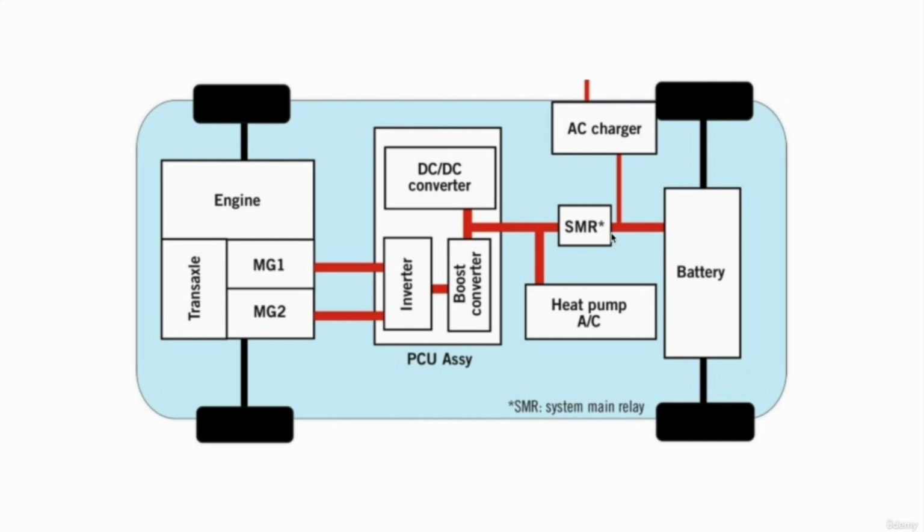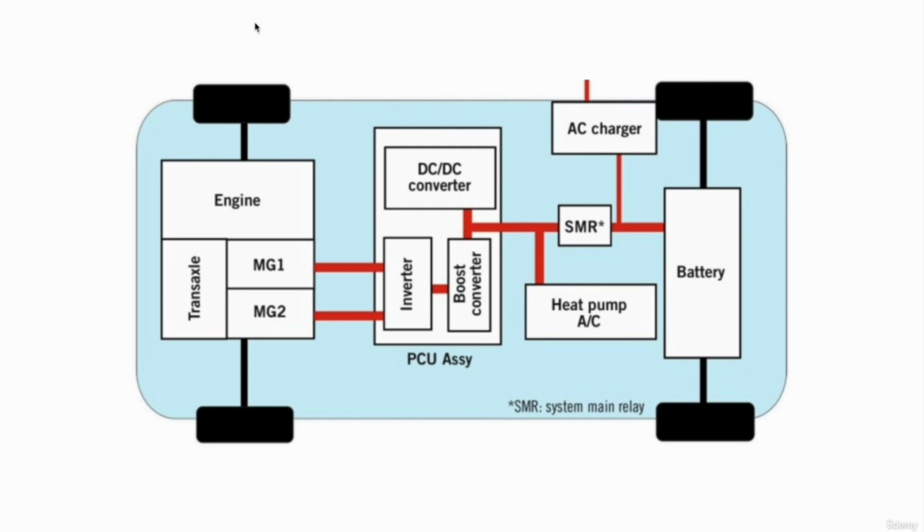Then we have our MG2. Now the battery will supply power to the inverter or this PCU. The battery stores DC current, and for the functioning of the motor we need AC current. So it will take DC and convert it to AC and give it to the motor. Now the motor will run on electricity and produce mechanical power.